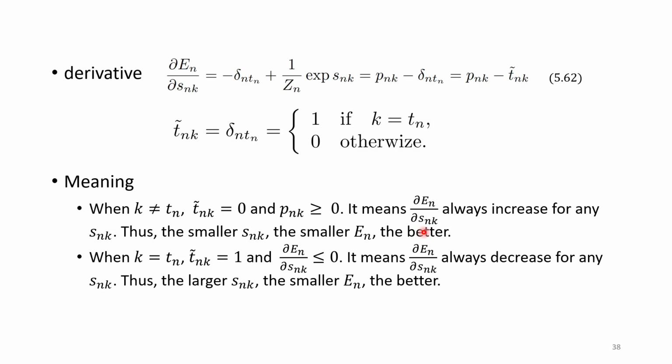Among the 10 classes or 1,000 classes, 9 or 999 classes are wrong classes, so their Tnk is 0. For those classes, we should reduce their probability, which means we should reduce their scores.